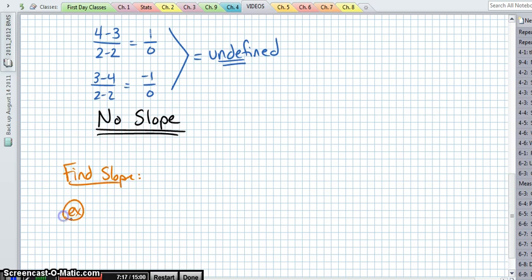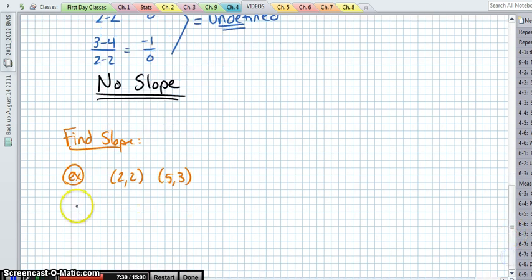Let's say we have a line that goes through the points 2 comma 2 and 5 comma 3. I could draw this out, but instead we can use the formula to figure out the slope. So that's the first one. Let me give you another one. -2 comma 1 and 0 comma 3. So that's another line.